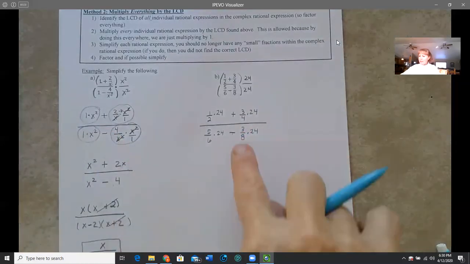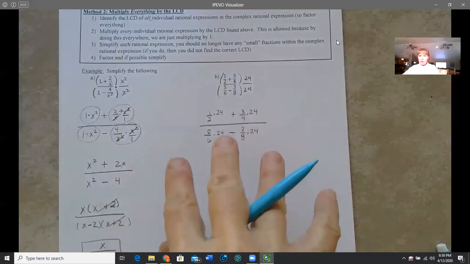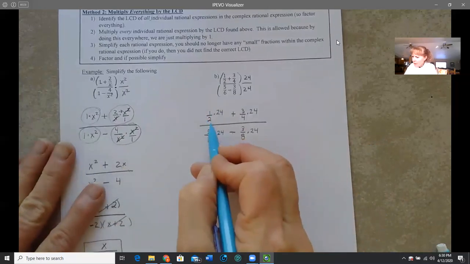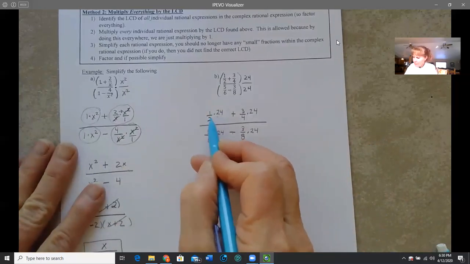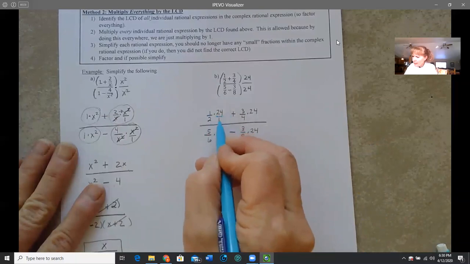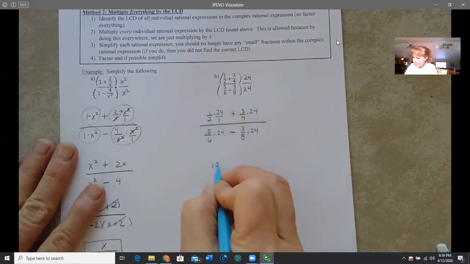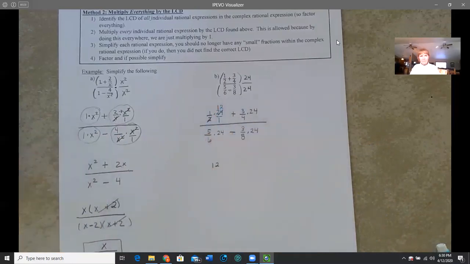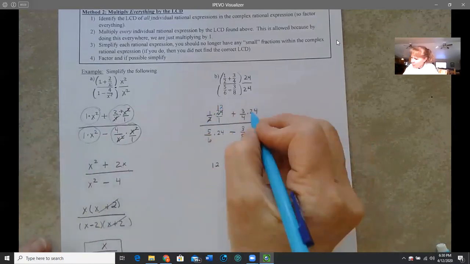Now this part right here might get a little long, so I'm not sure if we'll be rewriting it every time, but we will until you kind of get the idea of it. Well, 1/2 times 24 gives us 12.